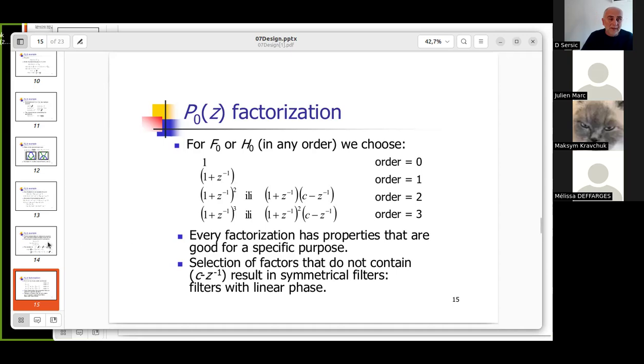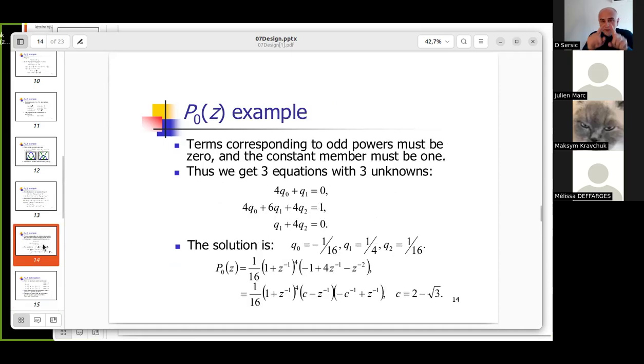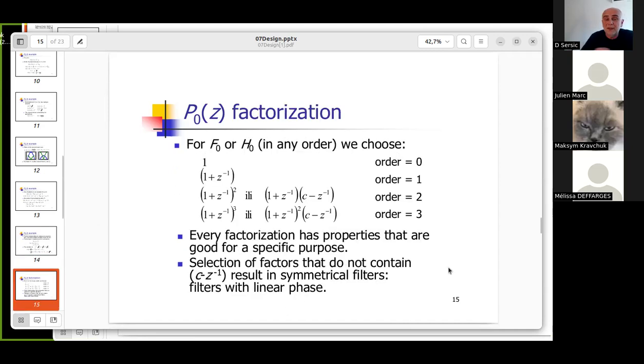Let's go back. Due to that Pascal triangle, you will always have symmetrical parts that originate from the binomial, but they are not symmetrical if they originate from that Q polynomial. The consequence is that you lose that symmetry. Symmetry is sometimes important, especially in image processing.